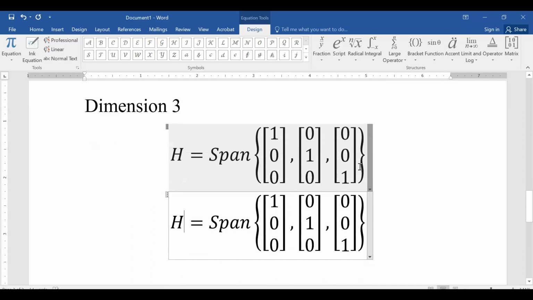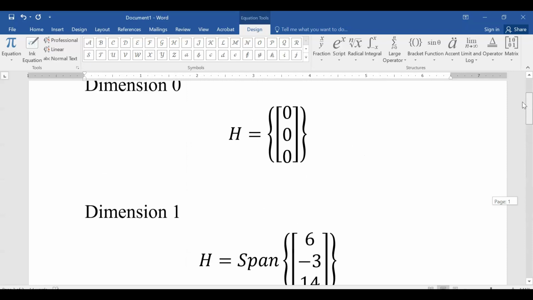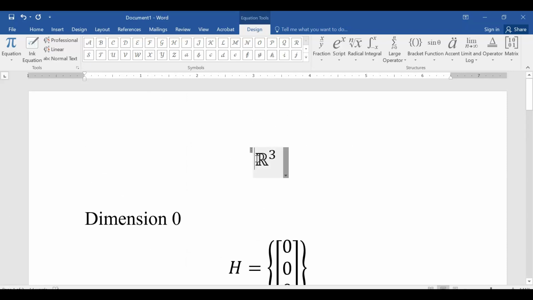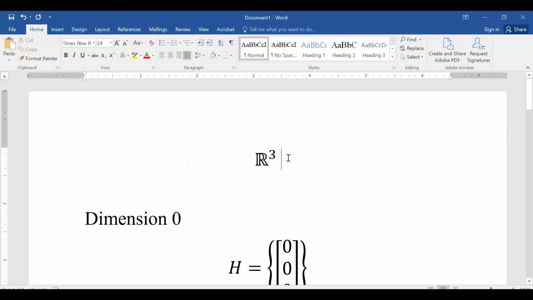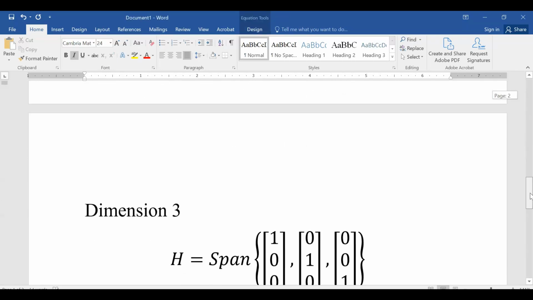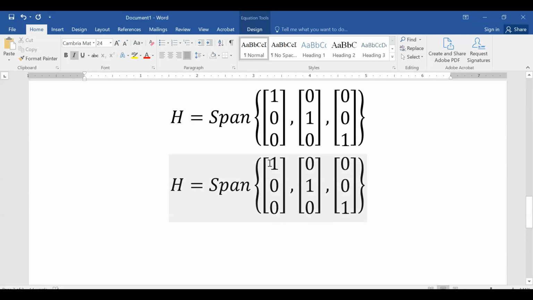So the span of the 3 standard basis vectors would be a dimension 3 subspace. Now, by the way, any dimension 3 subspace is all of R3 because we know it has dimension 3. So there you go.